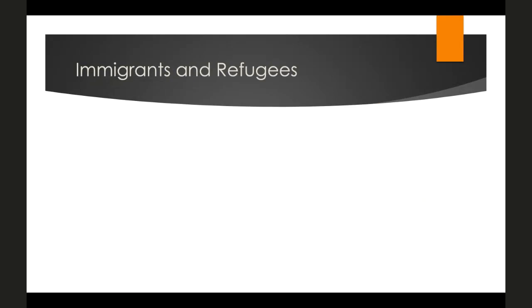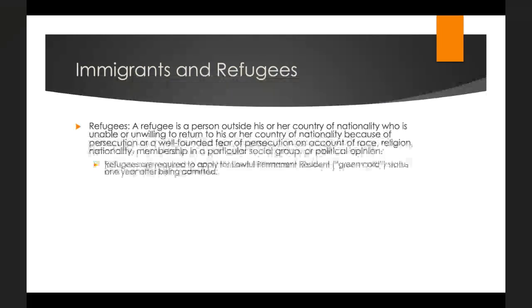It's also important to distinguish those types of immigrant visas versus refugees and asylees. So refugees are persons outside of his or her country of nationality who are unable or unwilling to return to their country of nationality because of persecution or a well-founded fear of persecution on account of race, religion, nationality, membership in a particular social group, or political opinion.